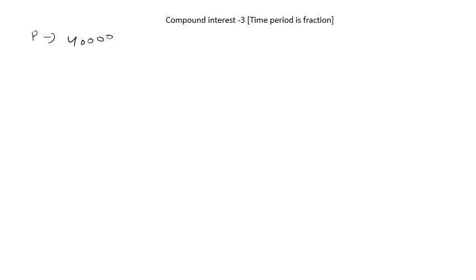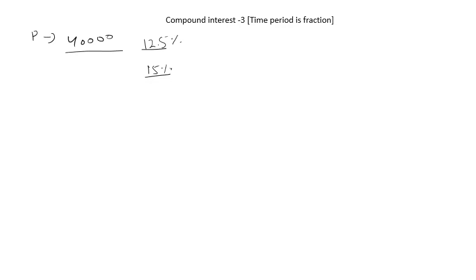Principal is 40,000, and the rate of interest for the first year is 12.5%, and for the second year, the rate of interest is 15% per annum.